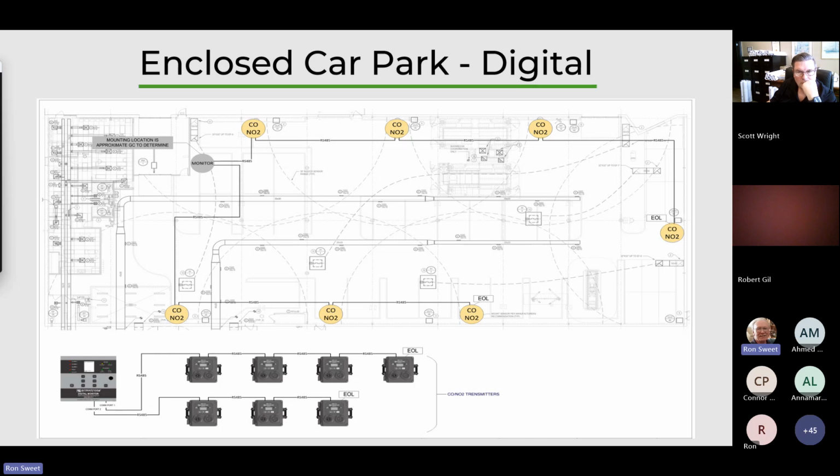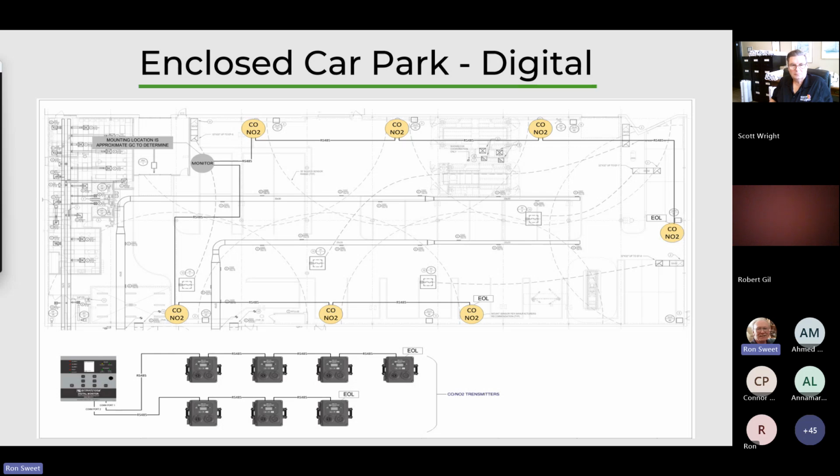We can show you how you can utilize the system to zone a facility, having sensors in a particular area, bringing on ventilation in that particular area. We can show you how you can communicate back to another type of system, whether it be a building automation system or a building management system or any other type of system.